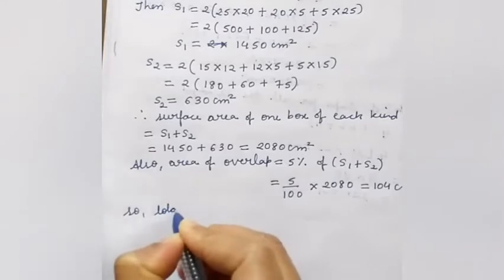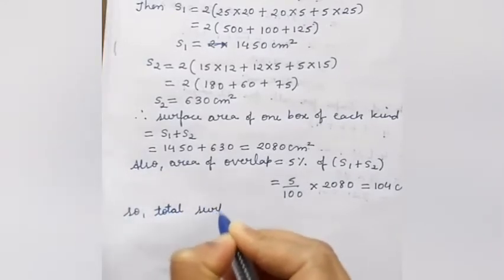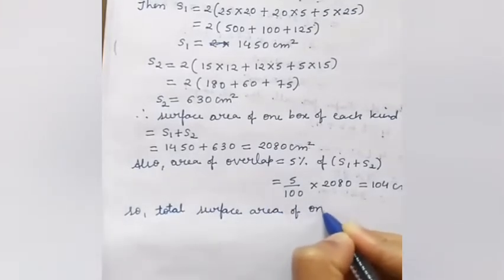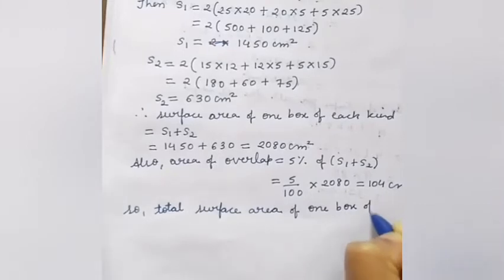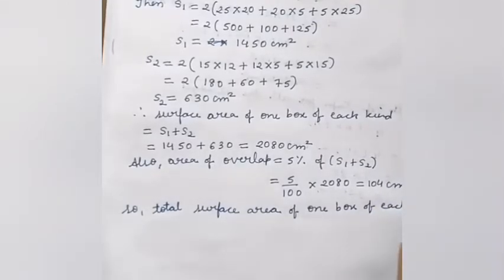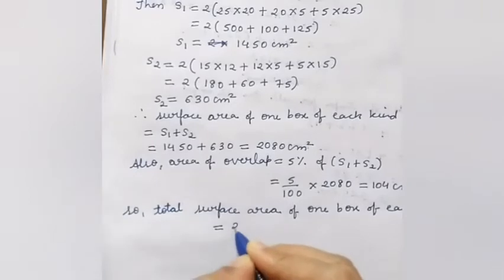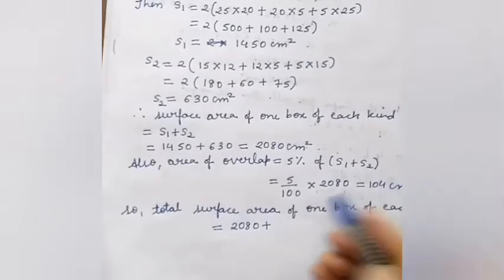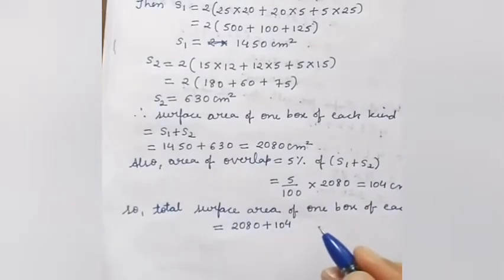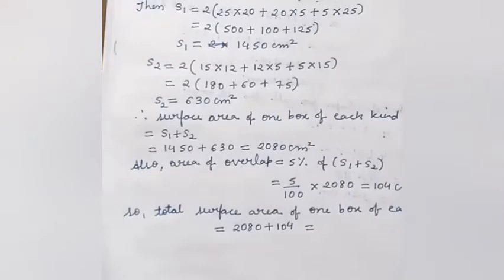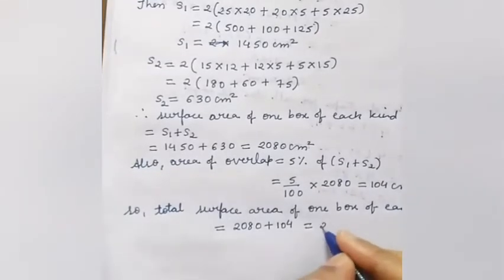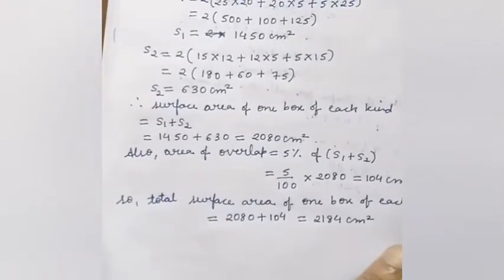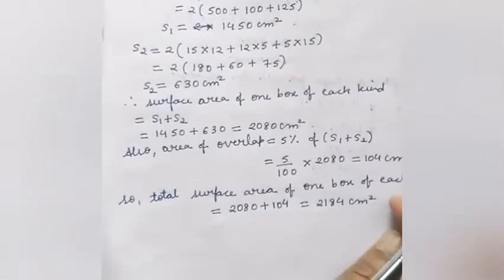So total surface area of one box of each kind is equal to 2080, that is the surface area of both the boxes, plus 5% of overlap on both the boxes of each kind, is equal to 2080 plus 104, which is equal to 2184 centimeter square.